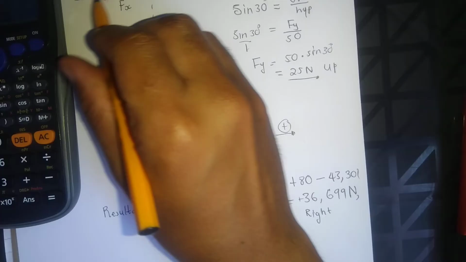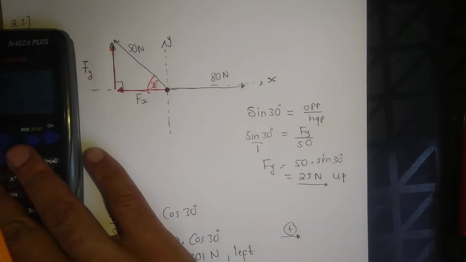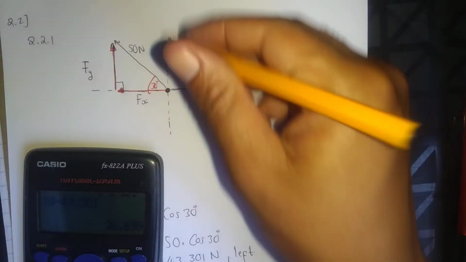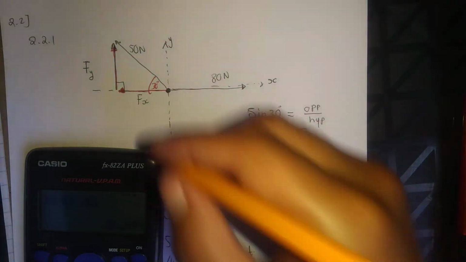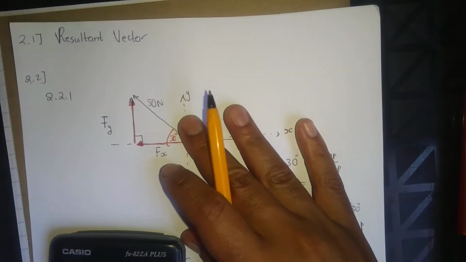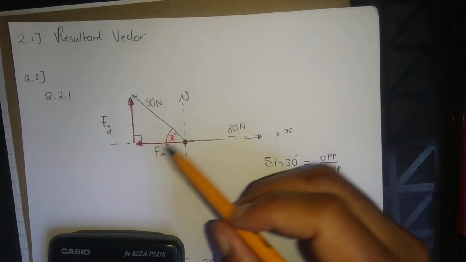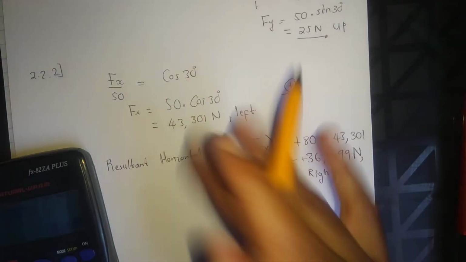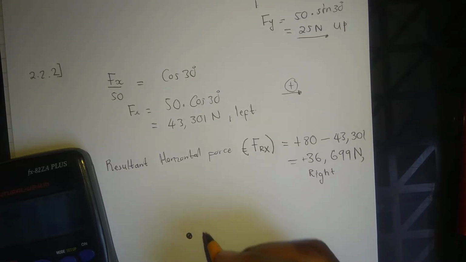So horizontally I have a resultant force of 36,699 Newton to the right, and then vertically there's no other resultant because there's only one force, which is Fy. So we resolve this figure.